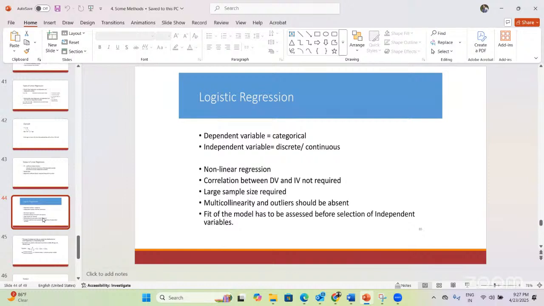And this is non-linear regression, and the correlation between dependent variable and independent variable is not required, and a large sample size is required. Basically, in the normal distribution, we say that the number of samples should be more than 30. Obviously in most cases we have more than 30 cases, and multicollinearity and outliers should be absent.